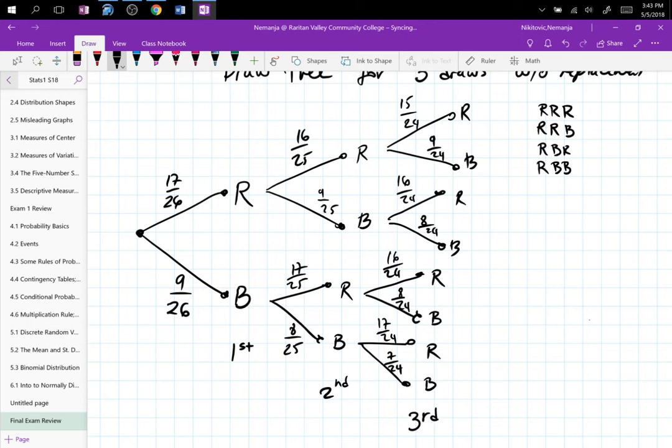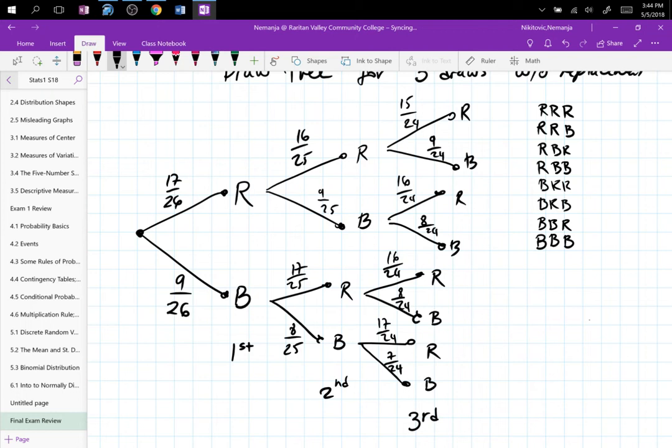Then we have black, red, red. Black, red, black. Black, black, red. And black, black, black. And these are all 8 possible, it's 2 cubed, all 8 possible ways to get these.